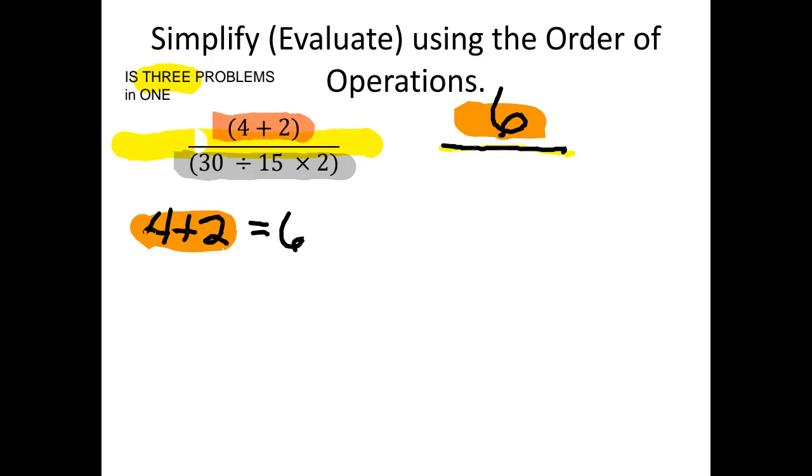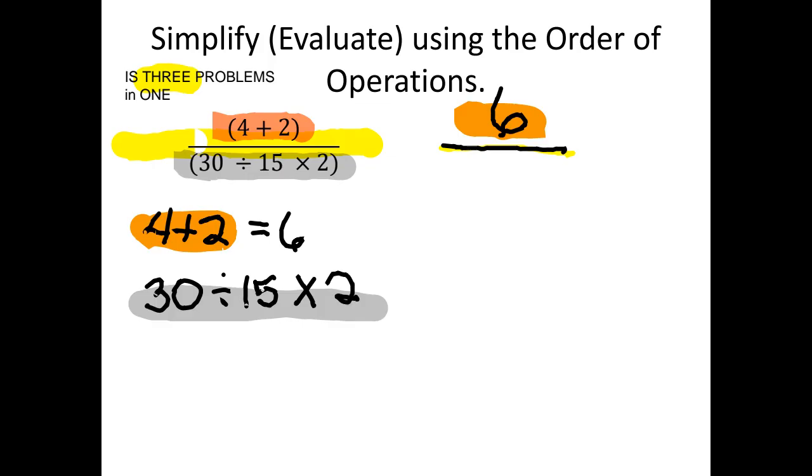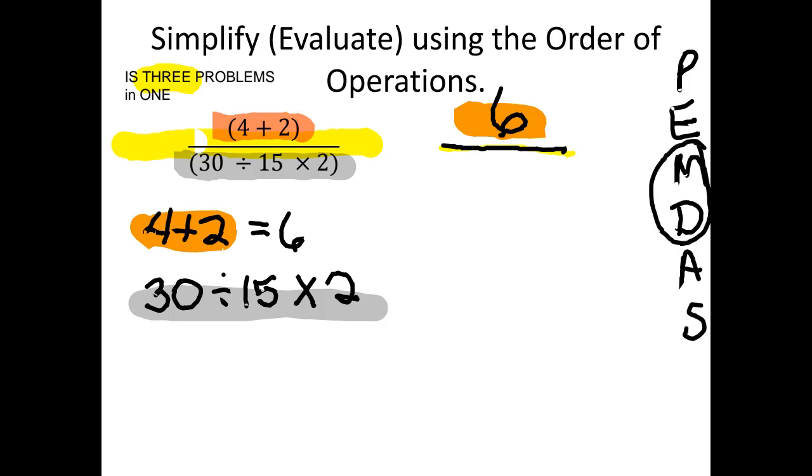Now, this again is 30 divided by 15 times 2. Now remember, this is please excuse my dear Aunt Sally. Multiply or divide, which means I have to divide first.